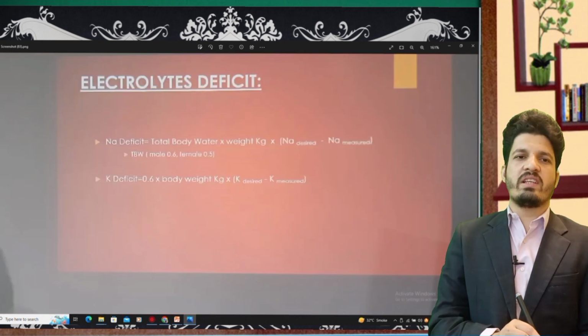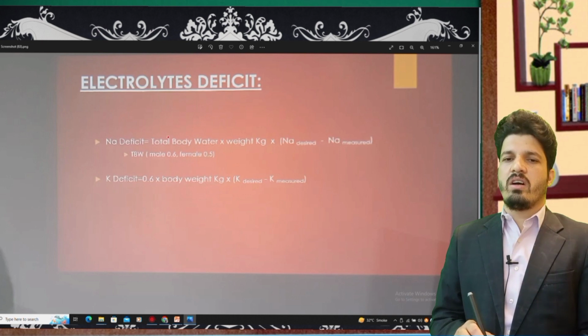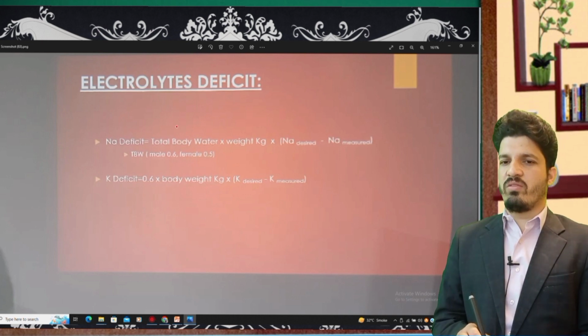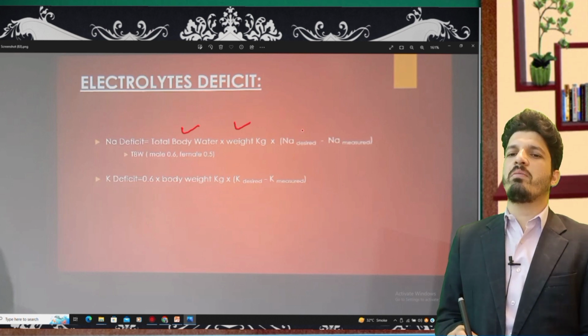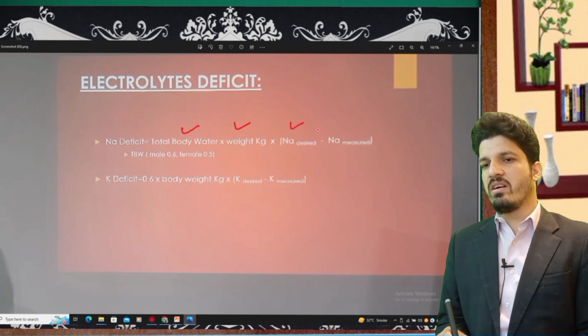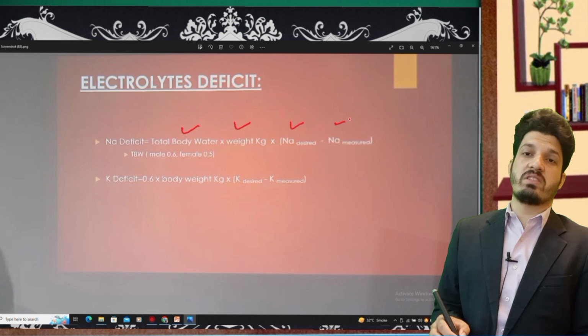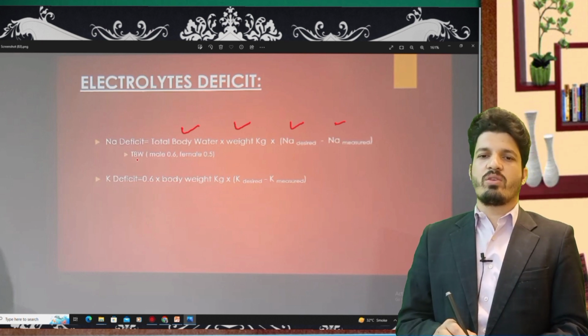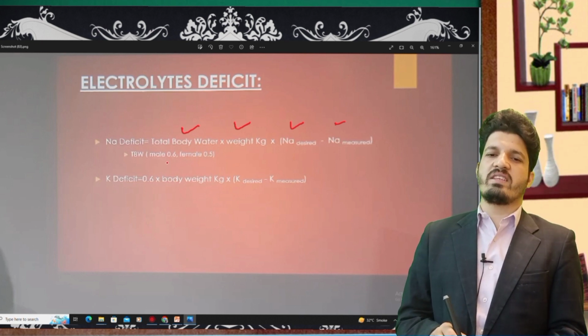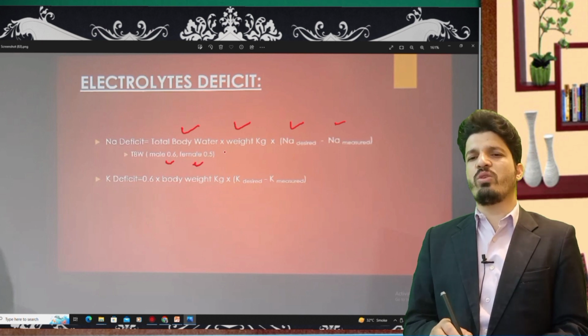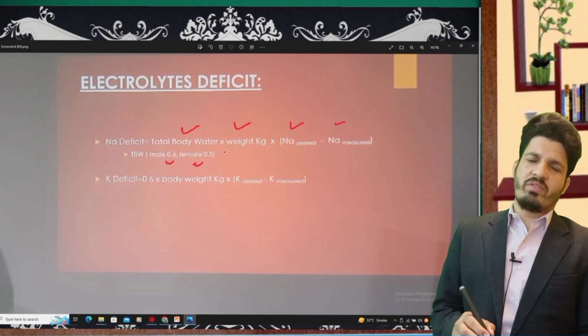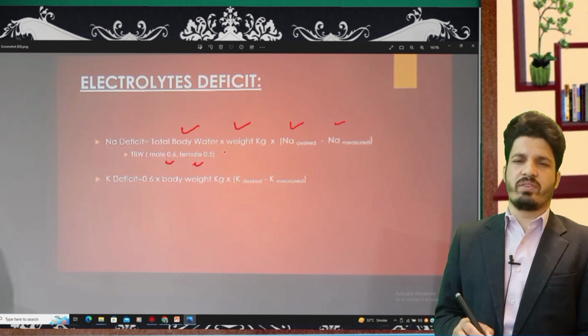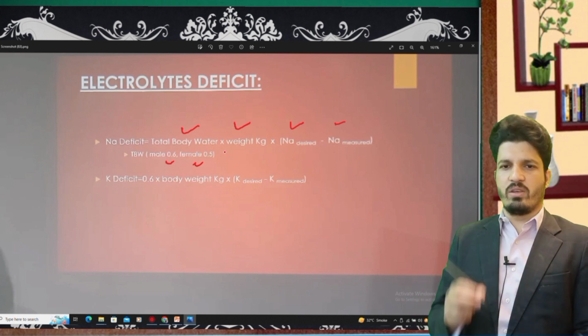To calculate the sodium deficit, you will use the formula: total body water multiplied by weight in kg multiplied by sodium desired minus sodium measured from the serum electrolytes. Total body water in males is 0.6, in females 0.5. It will not make a lot of difference, so you can use either value.